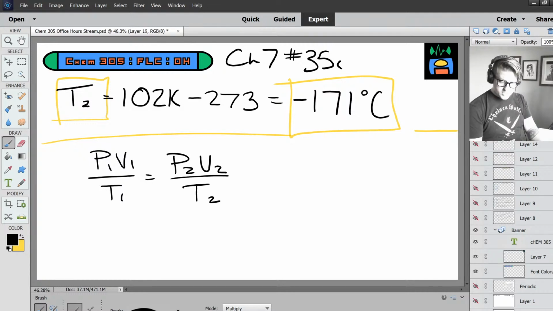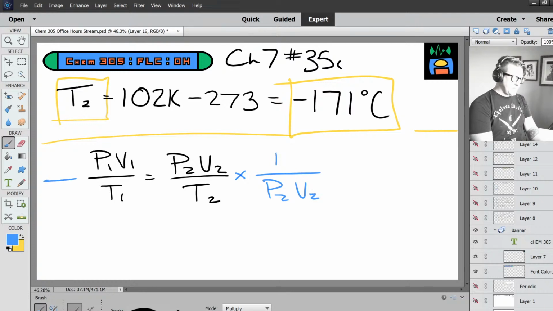So Esther's question is, can't you just multiply 1 over P2 V2 on both sides? And the short answer is you can do whatever algebra you want. As long as you do all the algebra correctly, things will be fine. But notice something. So they cancel over here.